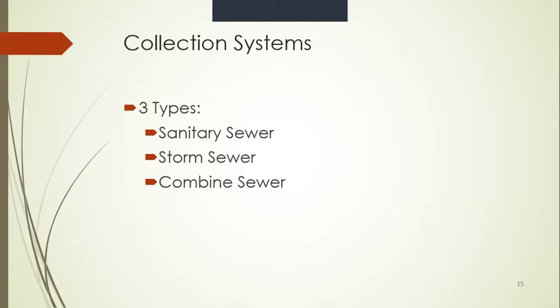And of course, in a community, you have to have a sewer system, and sometimes, depending on your treatment design, you can combine the sewer system with the sanitary sewer lines as well. But in modern wastewater treatment plants, we tend to separate the sanitary sewer systems and will not go with a combined sewer system.